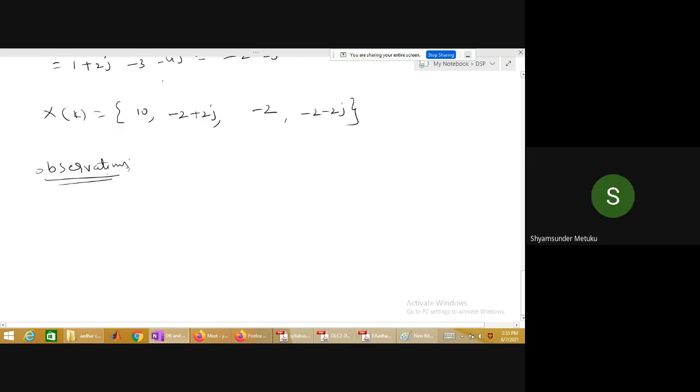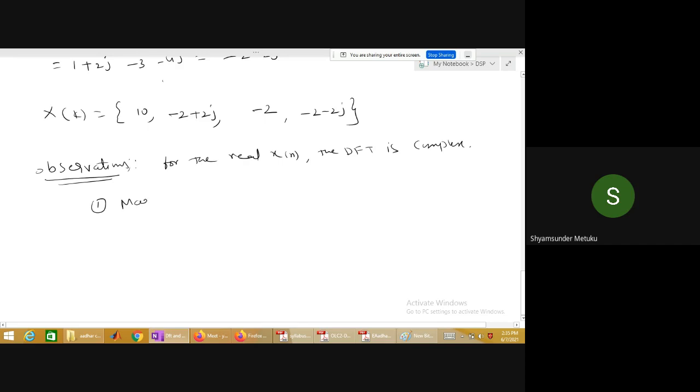Observations: some are real, some are complex. Overall, even if one is complex, it should be considered complex only. Okay, sir. Observation is, for the real x of n, the DFT is complex. So whenever DFT is complex, we will have two spectrums.